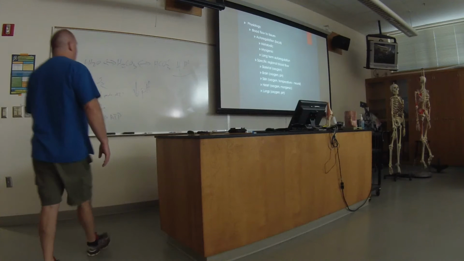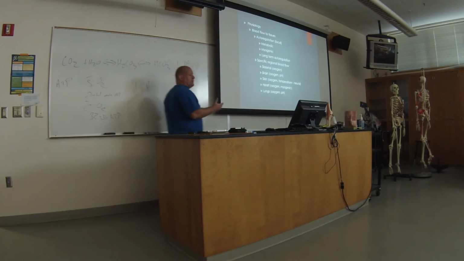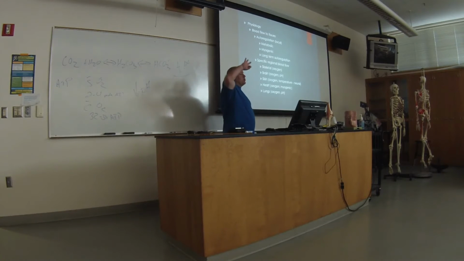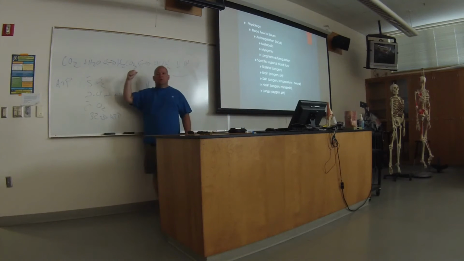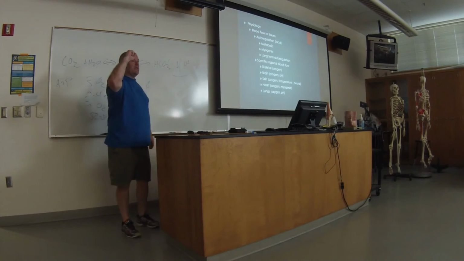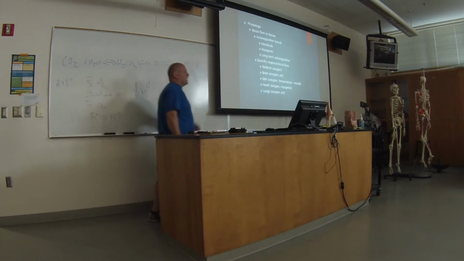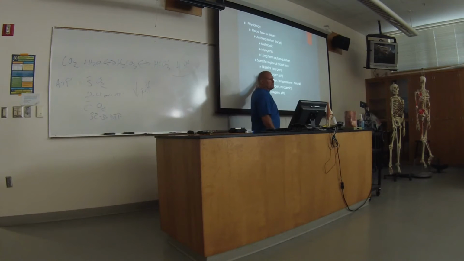I'm going to be increasing my sympathetic nervous system. Sympathetic nervous system has those three primary receptors to it, beta 1, beta 2, and alpha 1. Anybody remember what alpha 1s do? Cause vasoconstriction.